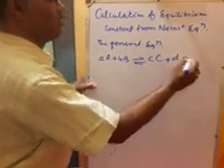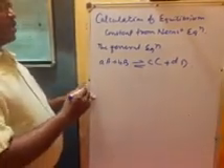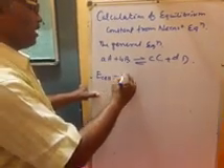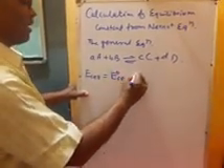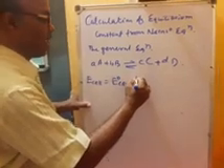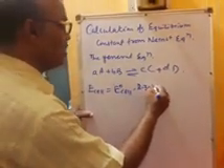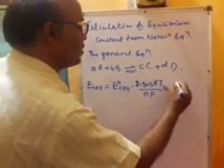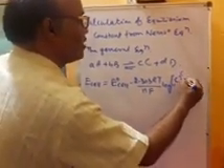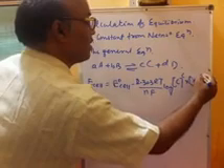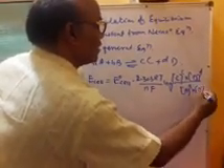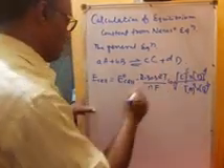Now applying Nernst equation, you know that E cell is equal to E naught cell minus 2.303 RT by nF log of concentration of C to the power c into concentration of D to the power d by A to the power a into B to the power b, which is equal to Qc.